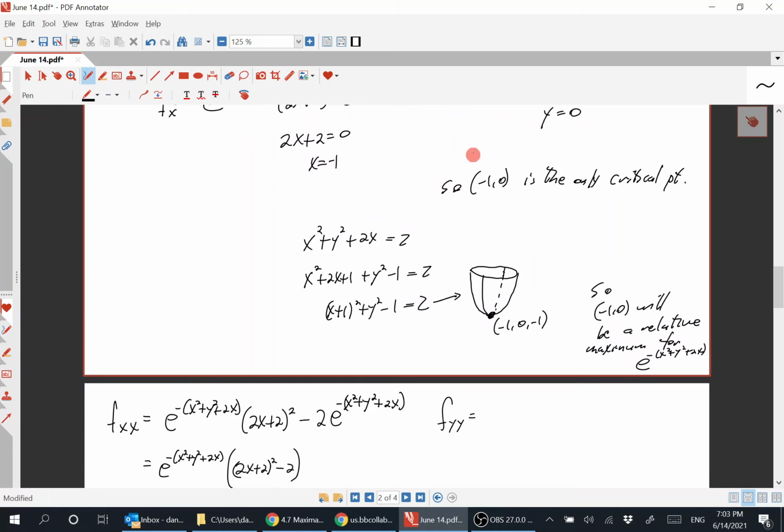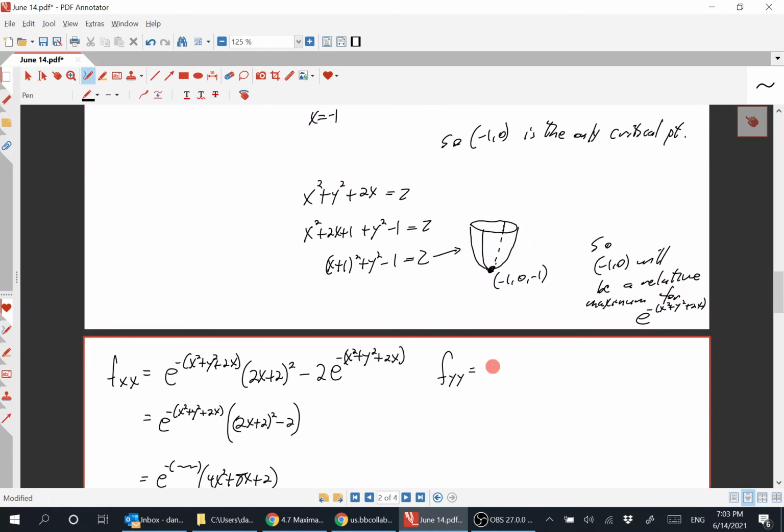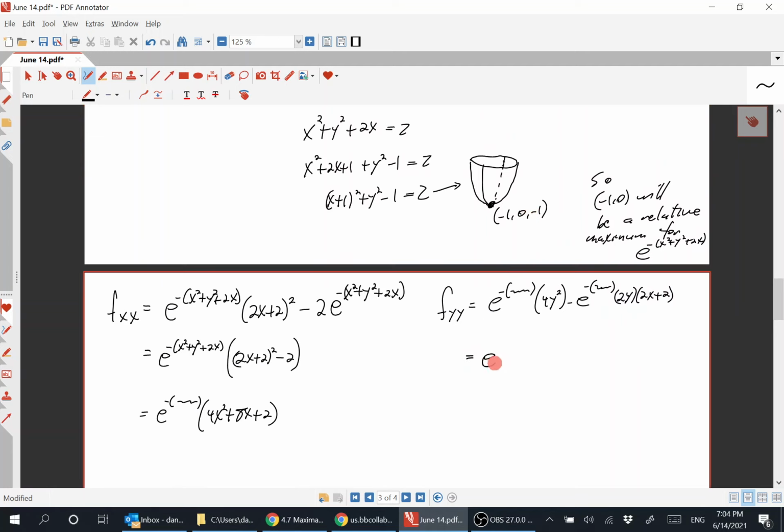So I'm going to have e to that quantity times 2y again, so 4y squared, minus e to this quantity, 2y times the 2x plus 2. So that's e to the minus this expression, and we've got 4y squared minus 4xy plus 4y.